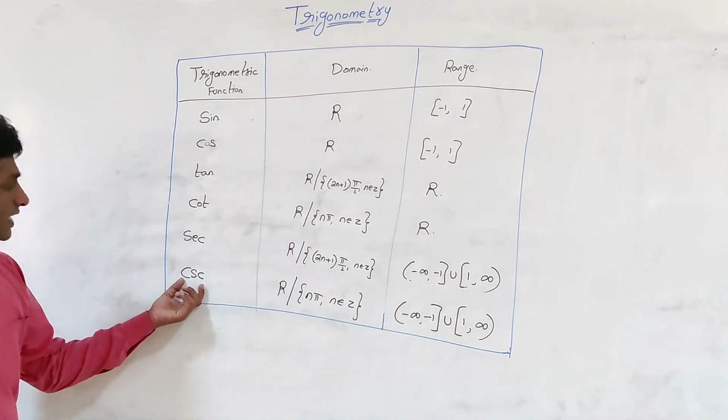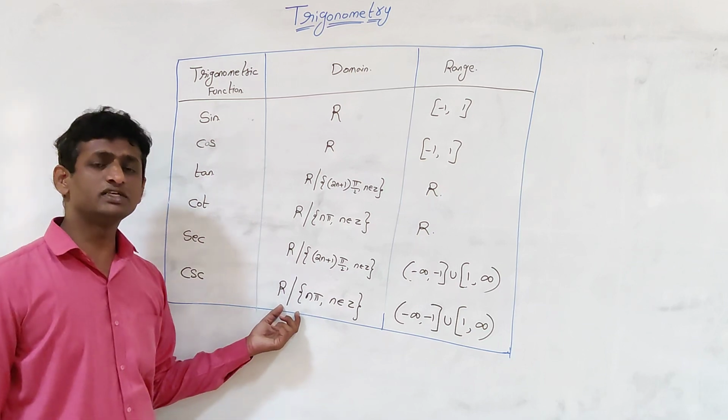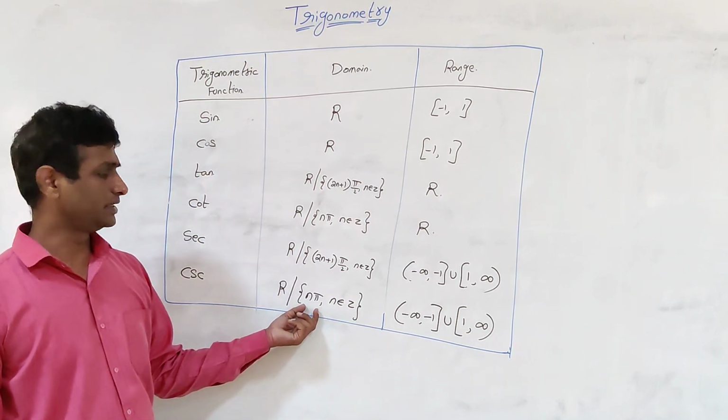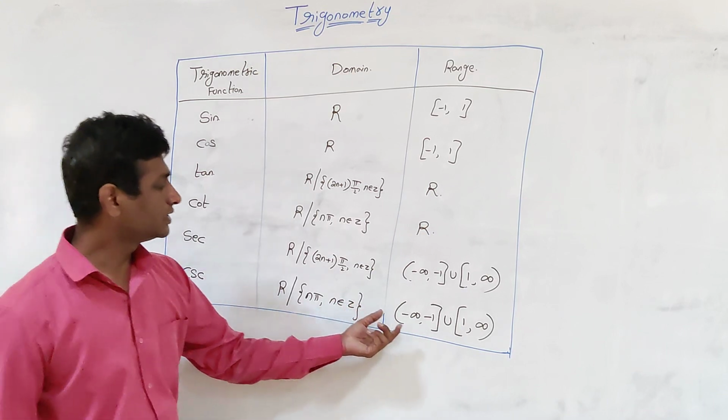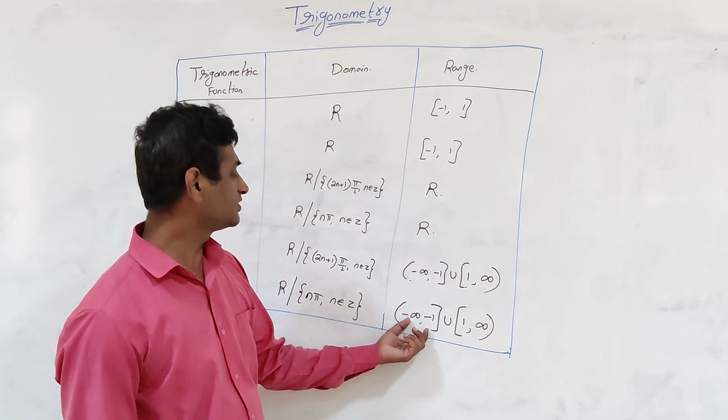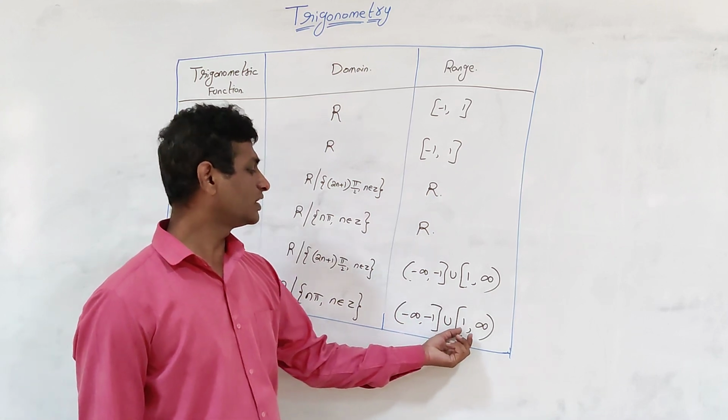And for cosecant, it is defined for all real numbers except multiples of pi where n belongs to Z and the outputs will be same as secant theta, that is minus infinity comma minus 1, union 1 comma infinity.